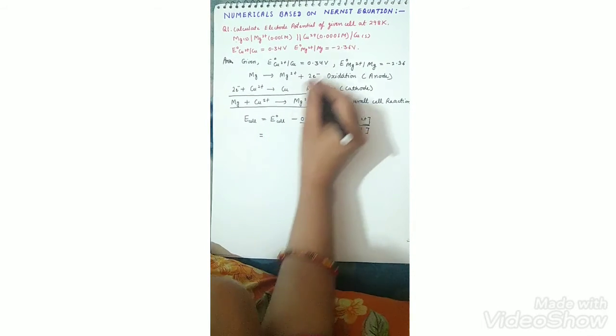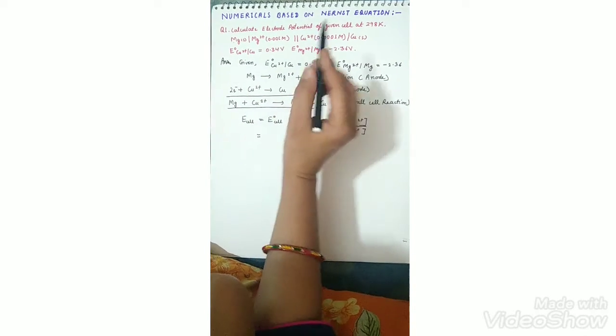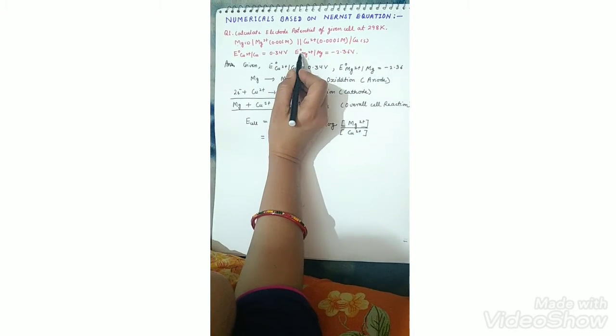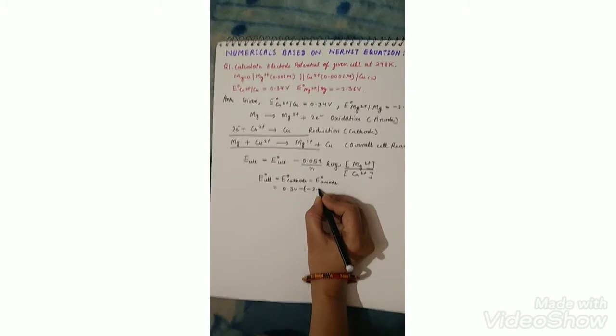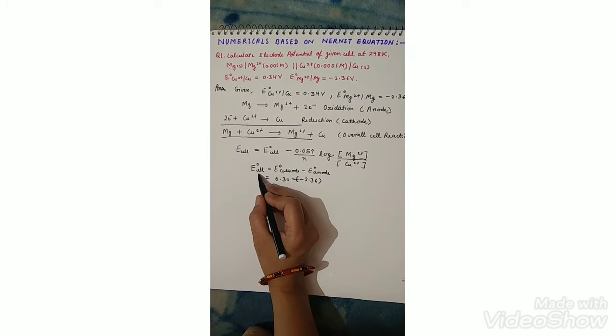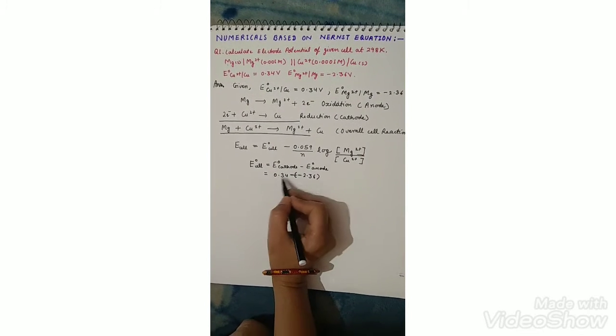Now E naught cell you can calculate by the E naught reduction values. Now we have to calculate the standard electrode potential of the cell, which is equal to E naught cathode minus E naught anode.